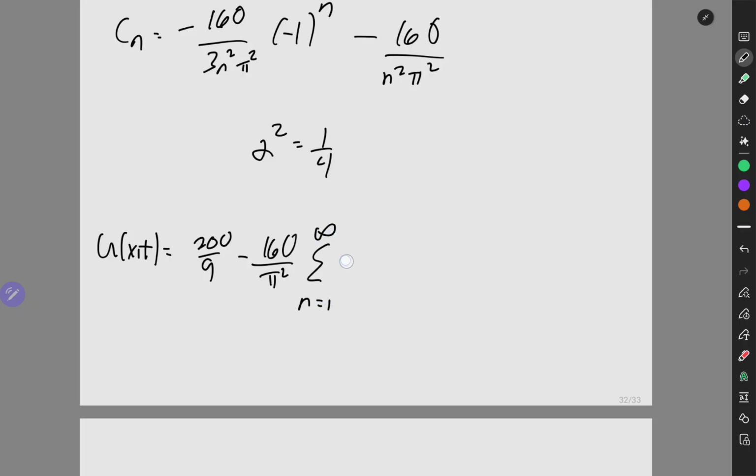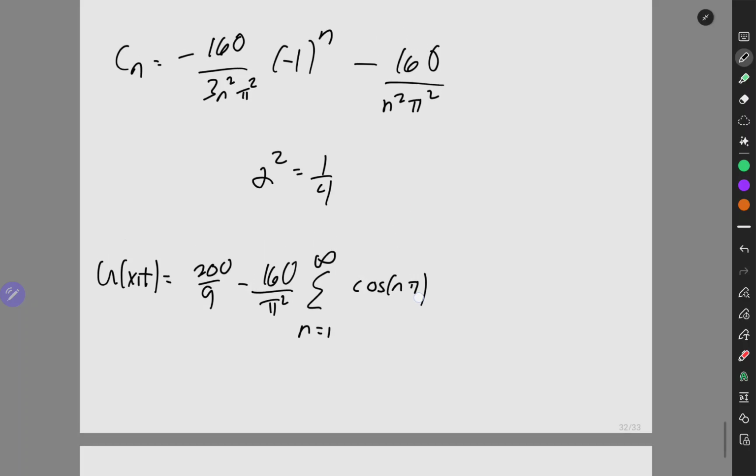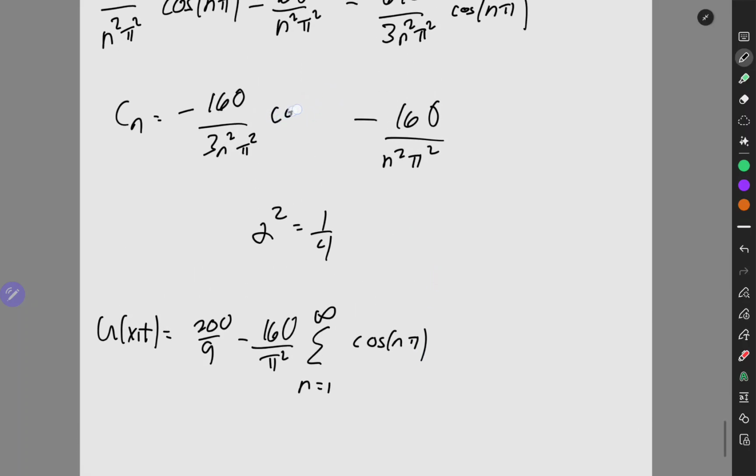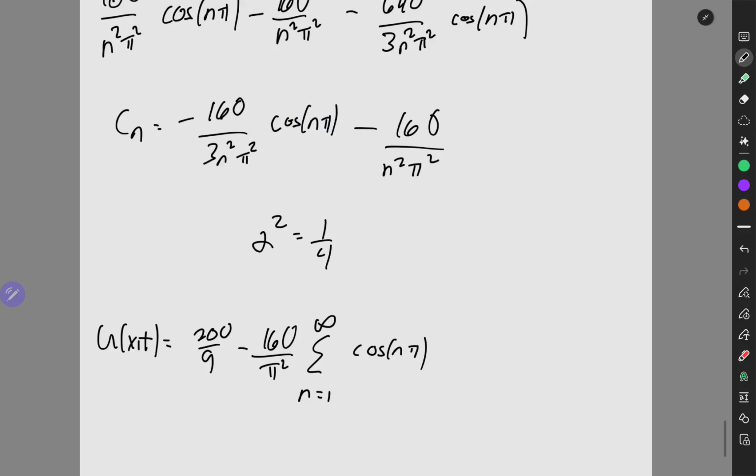And this will be once. I just took that out. It'd be cosine of n pi. Yeah, you know what? I'm not going to simplify it down because I think there might be a chance of simplifying.